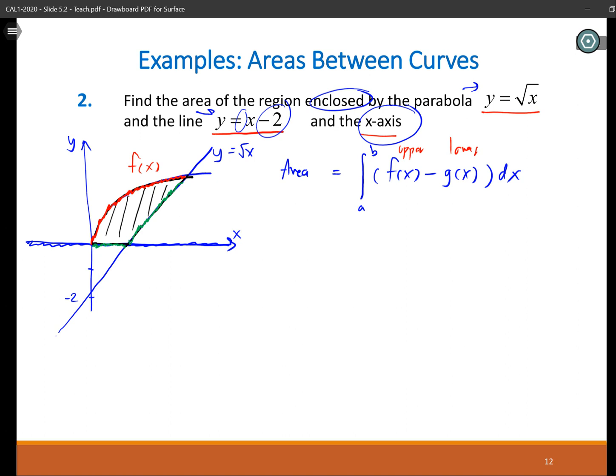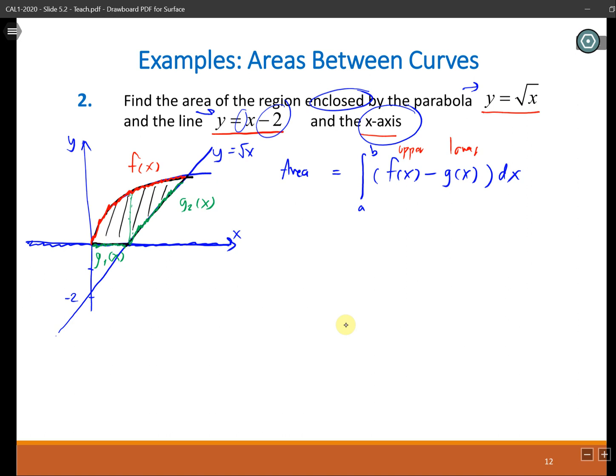So this means that in this case we have two lower curves, g1(x) right here for the first part and g2(x) right there for the second part. So in order to find the area of this region, we have to split the region into two parts, right in the middle.